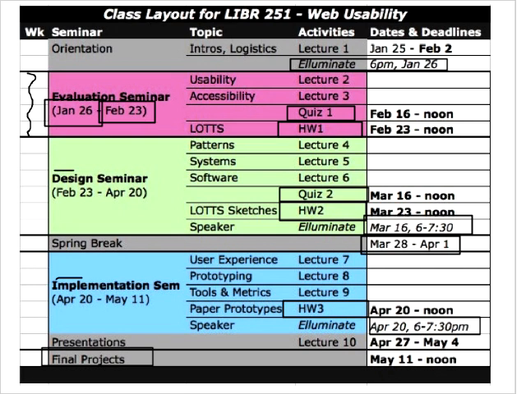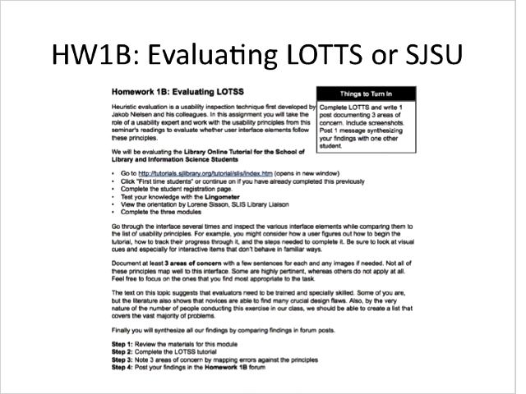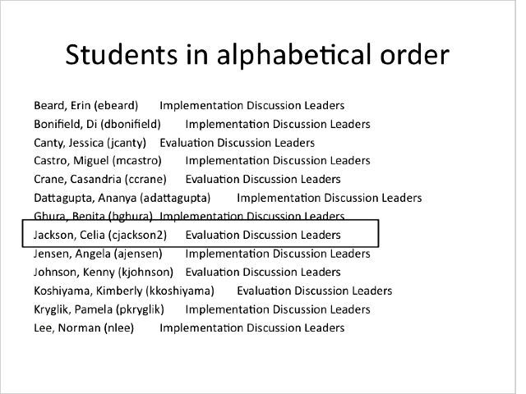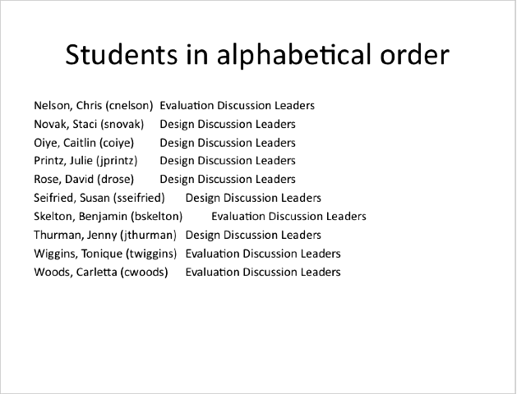So in the first, what is your team, Stacy? I believe I was evaluation seminar leader, from what I remember. Next page, yeah. So I'm design discussion leader. Okay, great.